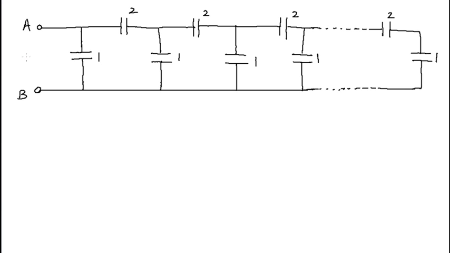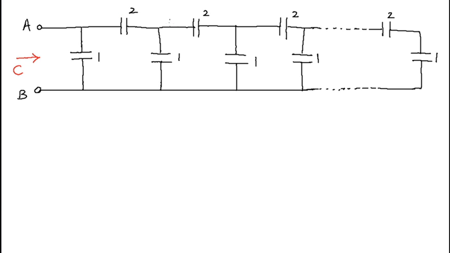We have been asked to find the effective capacitance across terminals A and B, that is, looking into the circuit in this direction, we want to find what is the effective capacitance, which we will call C.